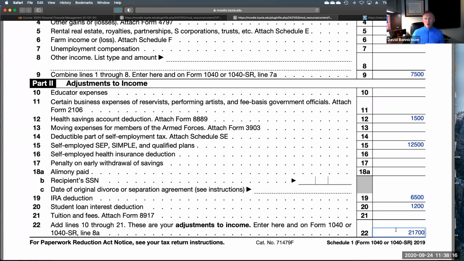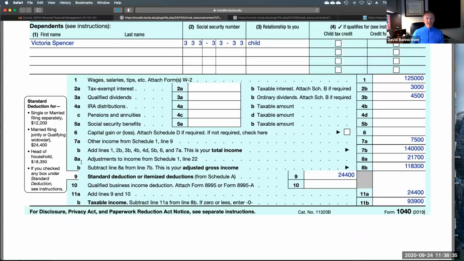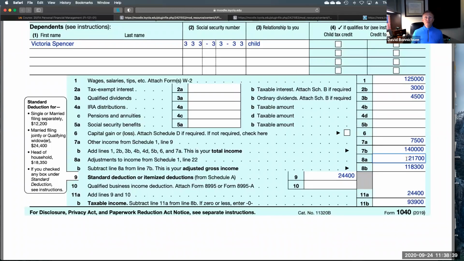So when we sum up all of the adjustments to income, we can see that the Spencer family, row 22 of Schedule 1, have $21,700 of adjustments to their income that then flows to line 8A on the 1040. So here we are, line 8A on the 1040, and there it is, $21,700.